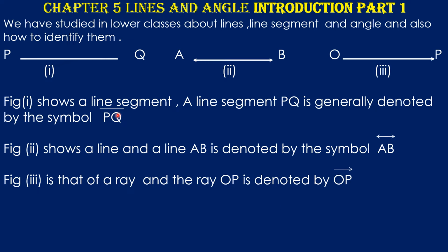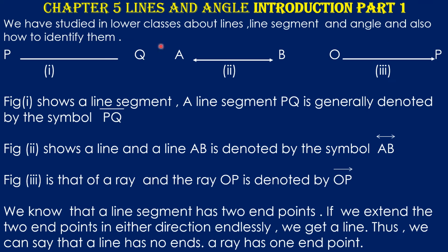So we know already about what is the difference between line segment and ray. The line segment has two endpoints, whereas a line has no endpoints because A and B can be extended to either direction endlessly, whereas the ray has one endpoint, meaning O is the starting point and P can be extended endlessly.